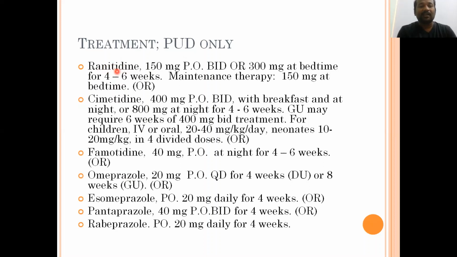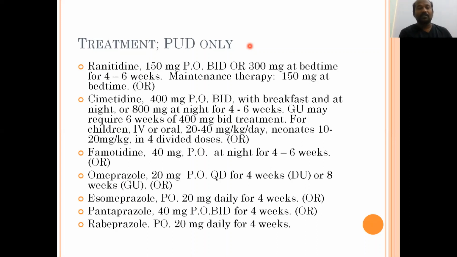So this is ranitidine, cimetidine, famotidine, omeprazole, esomeprazole, pantoprazole, rabeprazole. These are the commonly prescribed drugs for peptic ulcer disease without H. pylori infection.